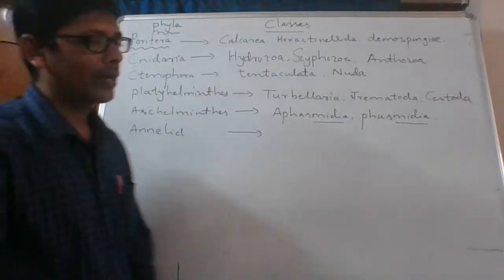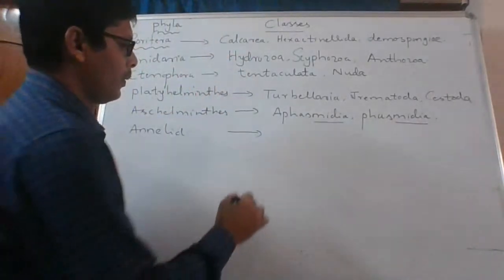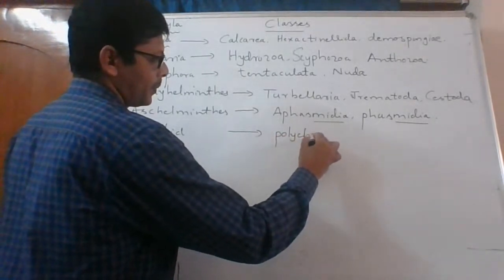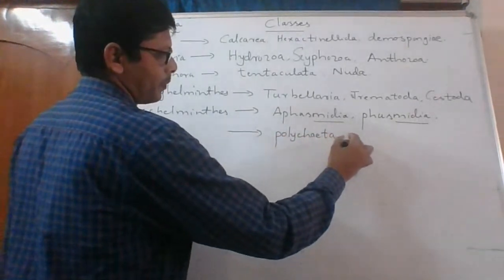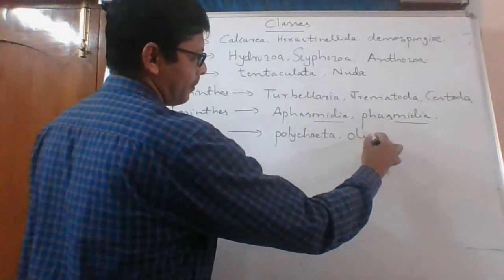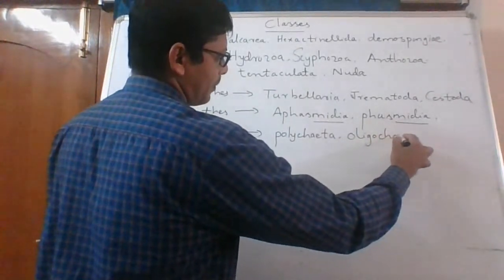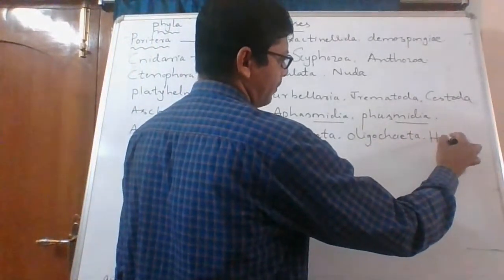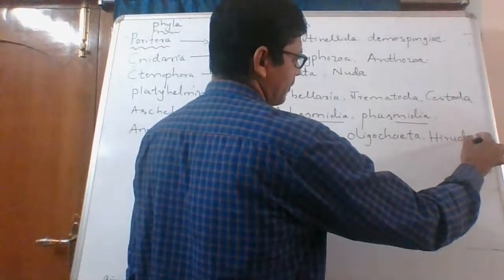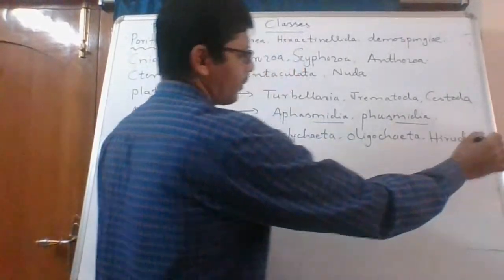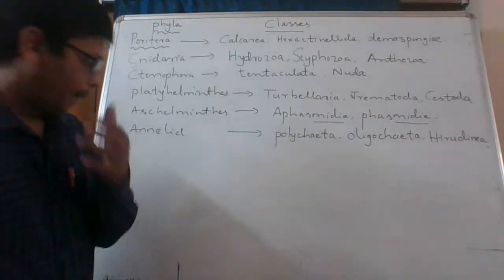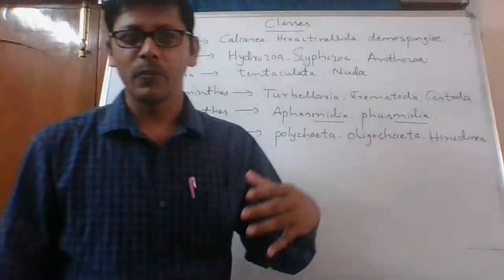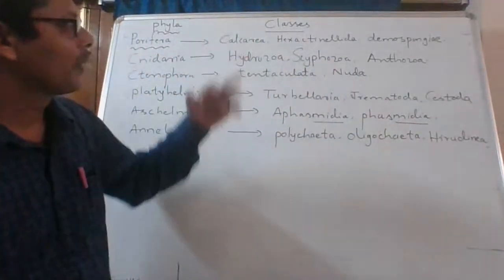The classes in Annelida are Polychaeta, Oligochaeta, Hirudinea. Okay, Polychaeta, Oligochaeta, Hirudinea. Again, let us start from the beginning from here.